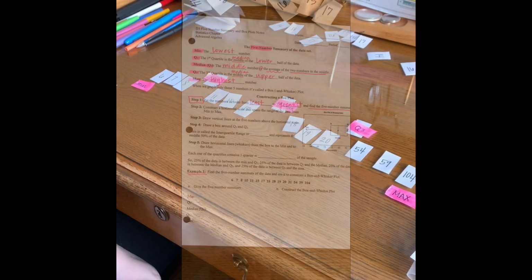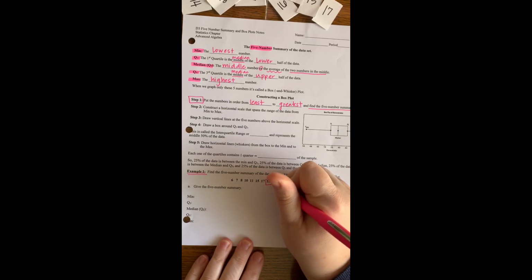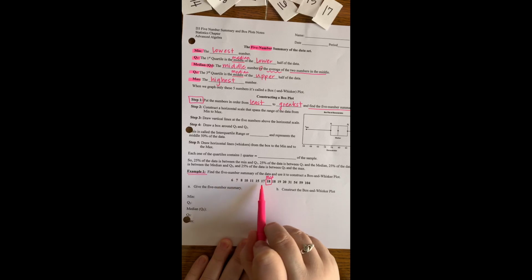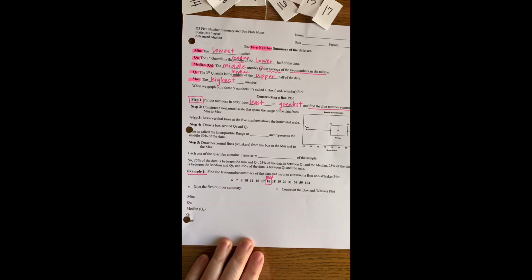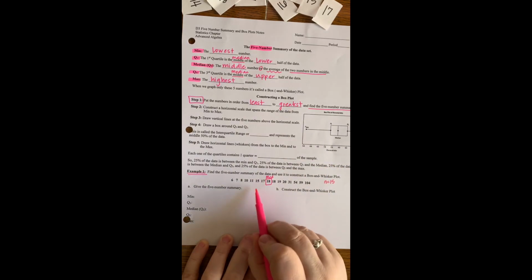Back on example 1, if we look at those numbers and ask which number's in the middle, we found that 18 was the median because there were exactly 7 numbers lower and 7 numbers higher, with that sample set of 15 numbers. 7 below, 7 above, the 8th number is in the middle.